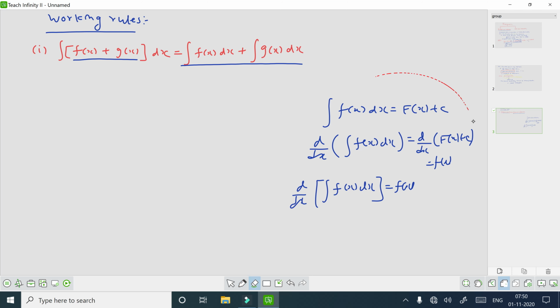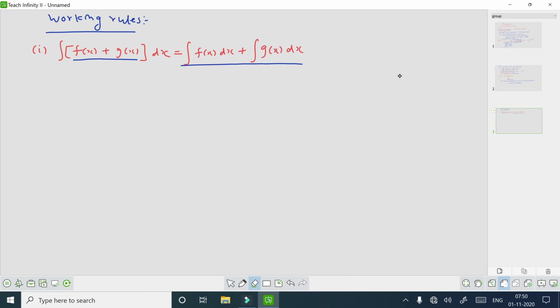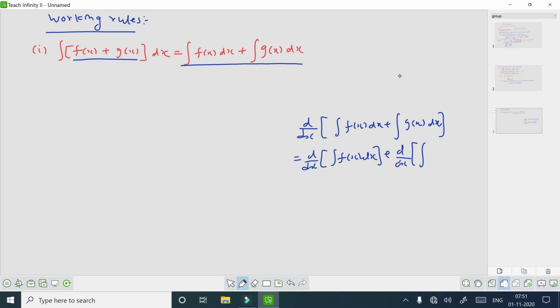So let us differentiate the right hand side. D by dx of the integral f of x dx plus the integral g of x dx. And that is equal to, as per the working rule of differentiation, we can differentiate term by term whenever addition or subtraction is given to us. d by dx of the integral f of x dx plus d by dx of the integral g of x dx.